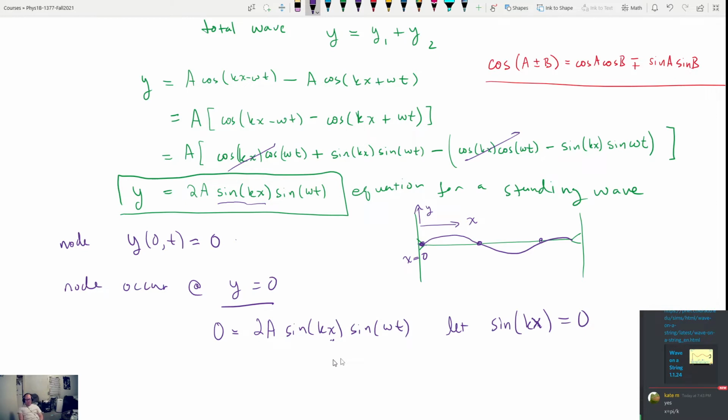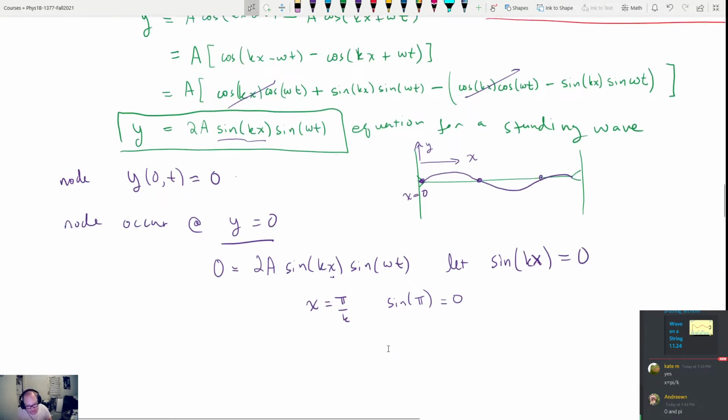It may actually be easier to see x equal to pi over k. So if we put x equal to pi over k, then what we get is the sine of pi, right? And the sine of pi is equal to 0, right? So that's one answer, right?